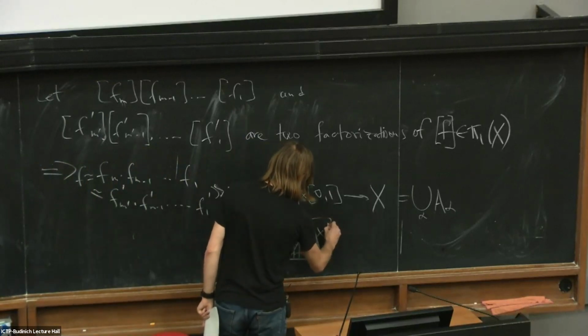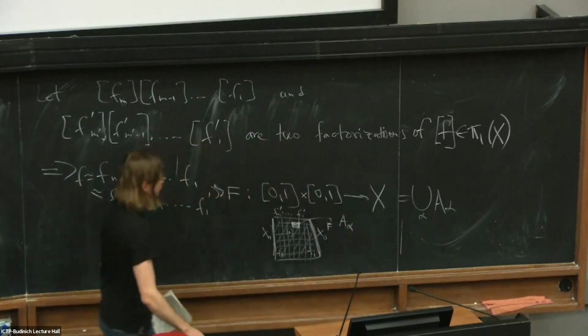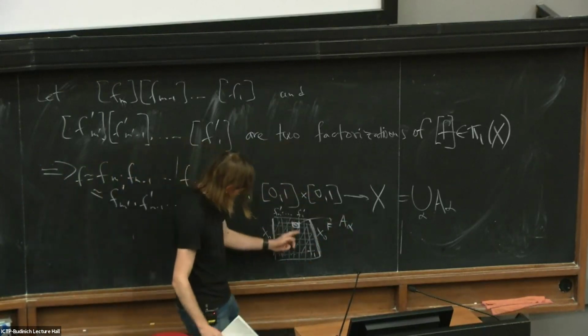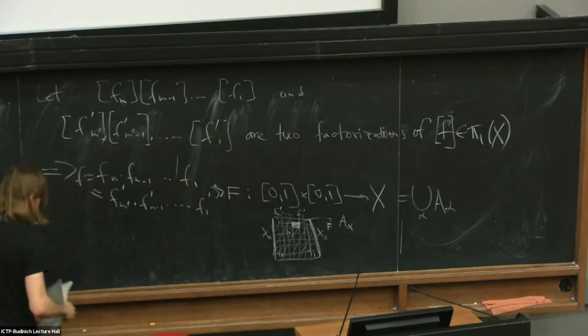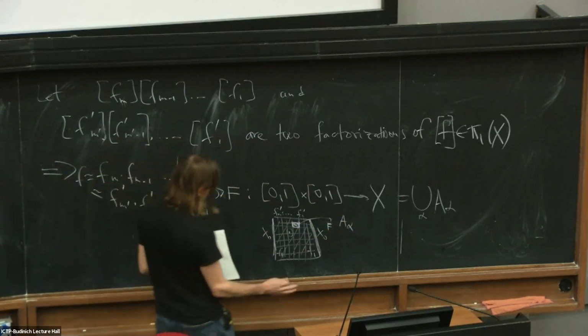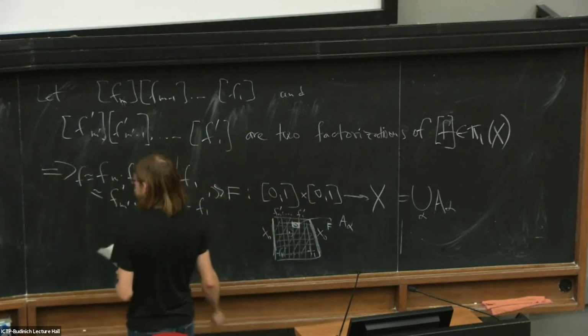So f of each of these small rectangles, the image of each of these small rectangles, belongs entirely to one of the alphas. The key words here are compactness and continuity.